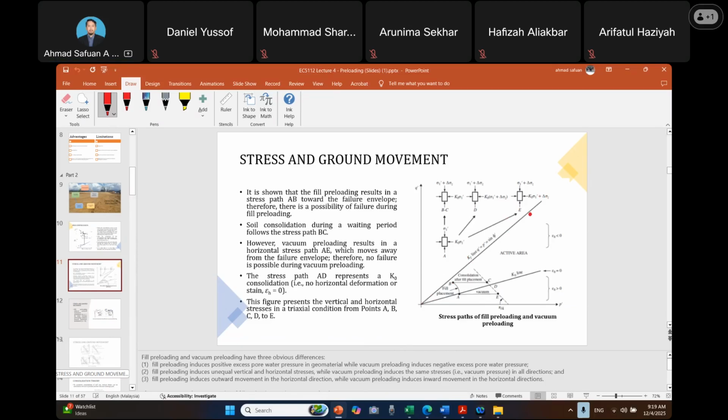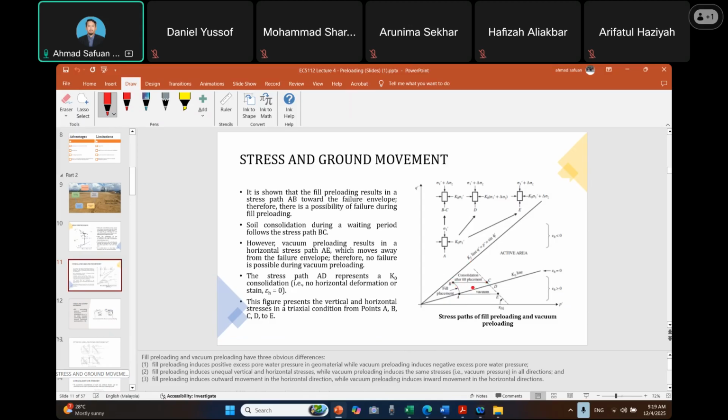It is shown that field preloading results in a stress path AB, this is A and B, towards the failure envelope. This is the failure envelope, Kf. There is a possibility of failure during the field preloading. Then consolidation during a waiting period follows the stress path of BC.